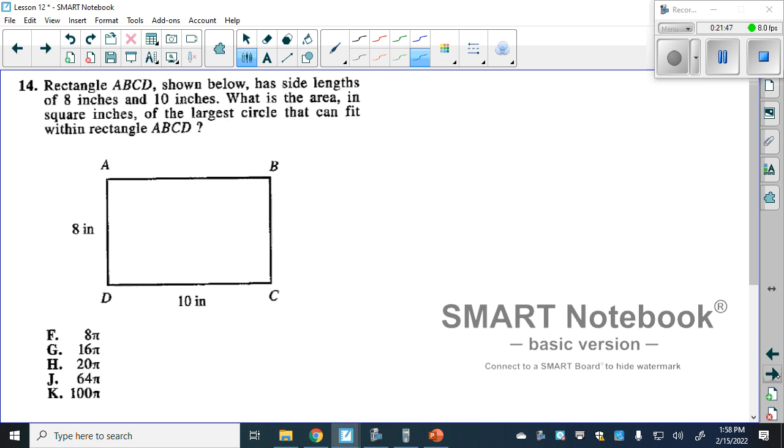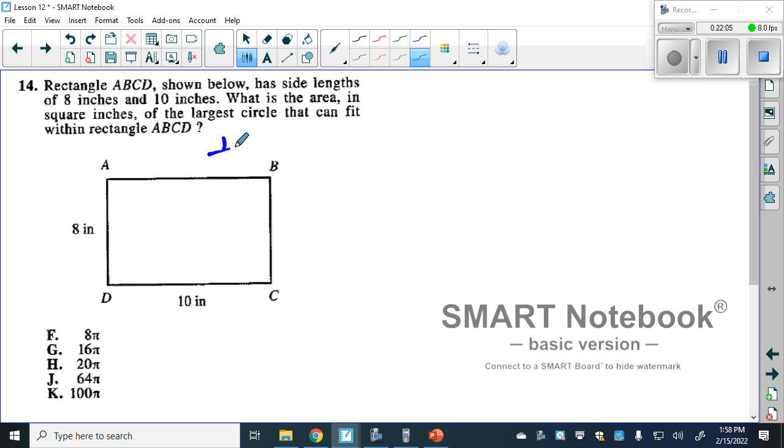Rectangle ABCD shown below has side lengths of 8 inches, 10 inches, 8 inches and 10 inches. What is the area in square inches of the largest circle that can fit within the rectangle ABCD?